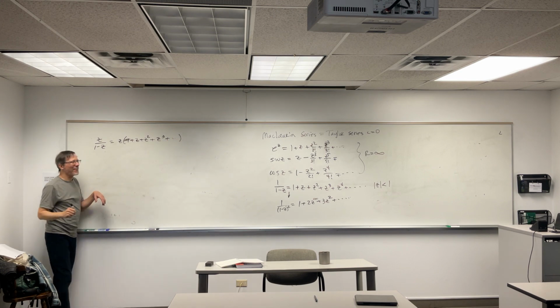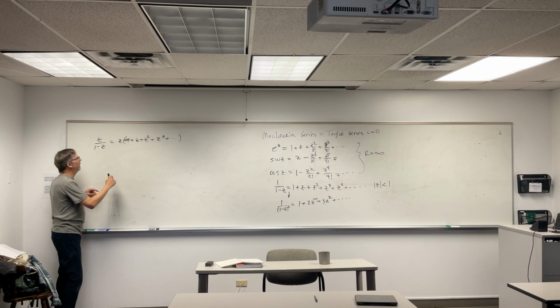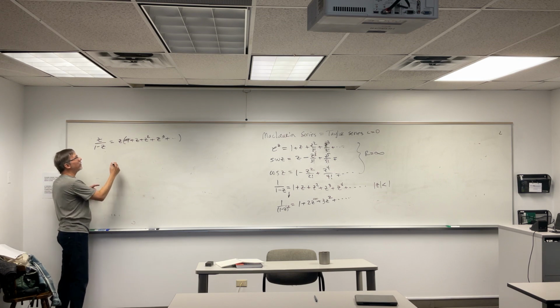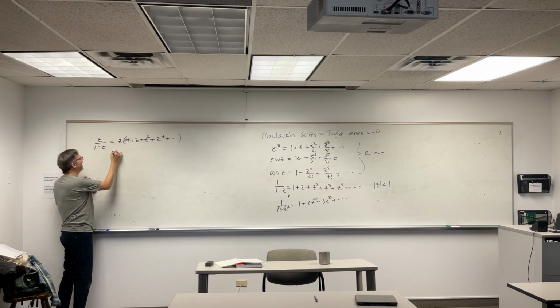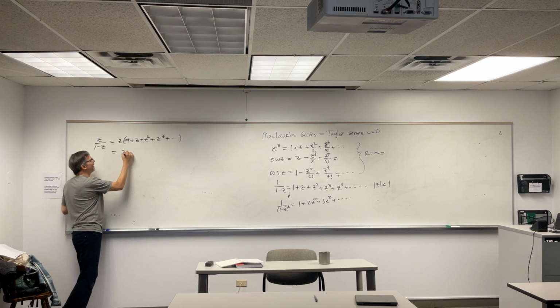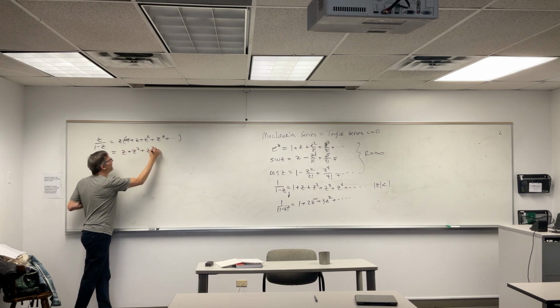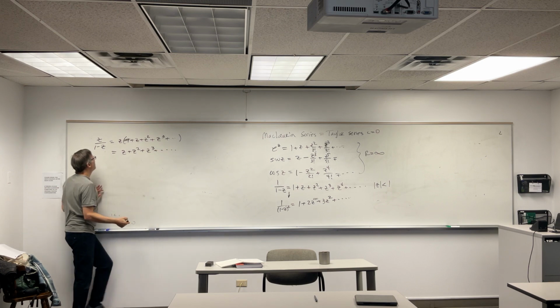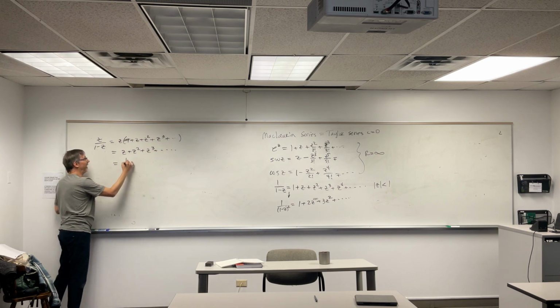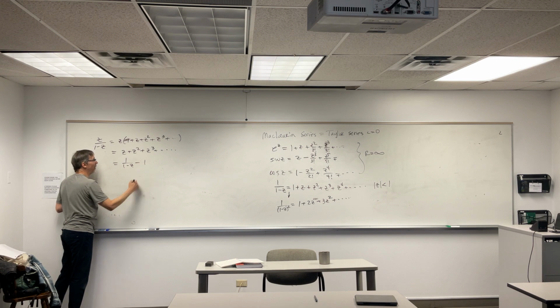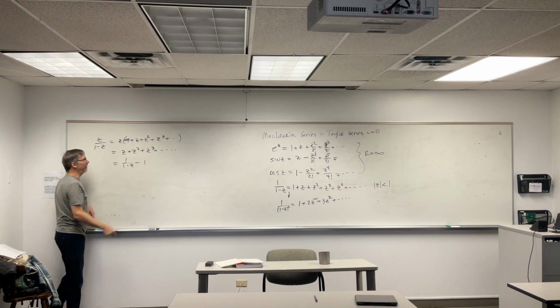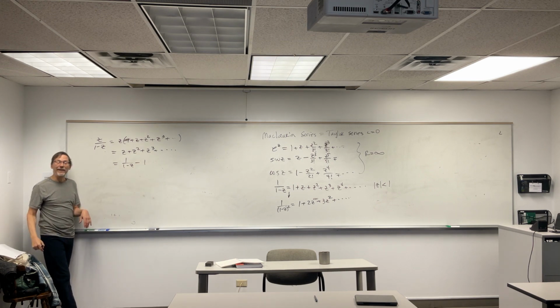So it's just the first thing minus 1. That's actually really cool. Let's write that out. So it's z plus z squared plus z cubed plus, which is, as Noah said, this minus 1, and if we actually do the subtraction, we get that. Neat. That was a cool observation.